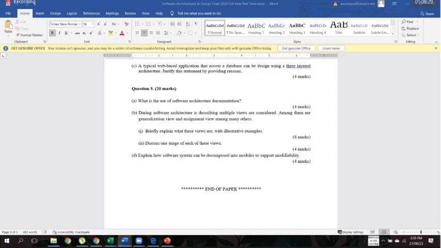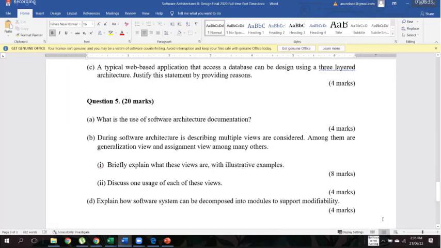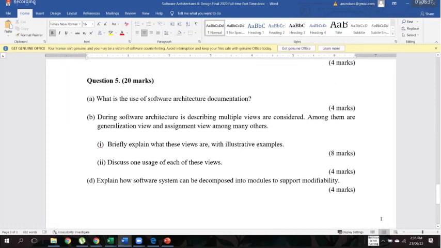I think it was last year. Can you try question number 5 here? Please, at least we can outline the answers for this question. Question 5.